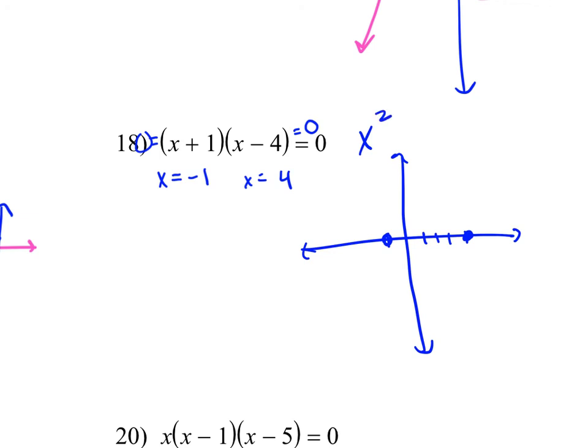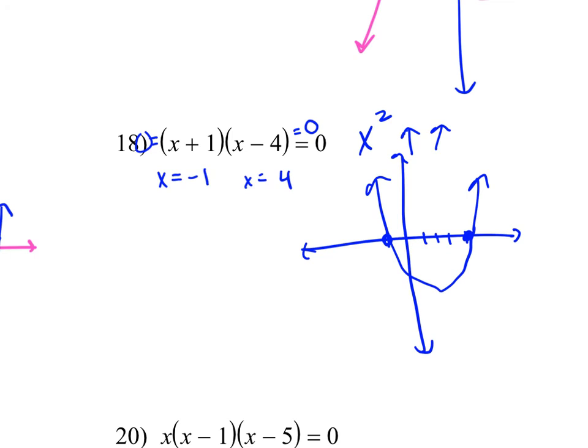Two. Do any of them have a negative sign in front of it? No. So what's our right arrow going to do? It goes up, and then what about our left arrow? Up. So since it's even, they go in the same direction, so we have up and up. And we connect our dots.